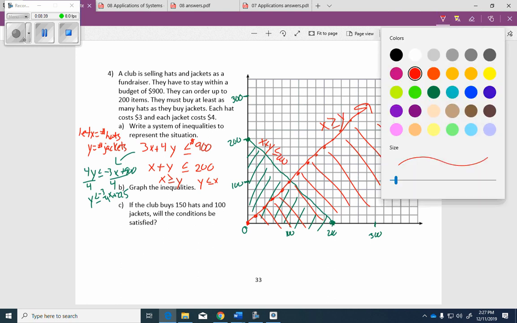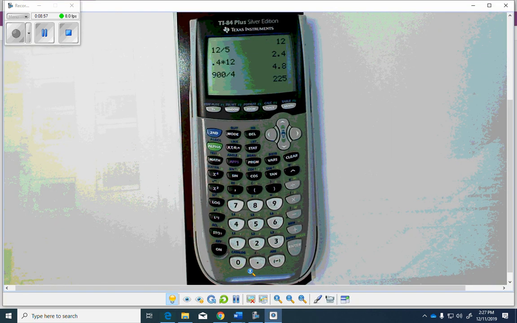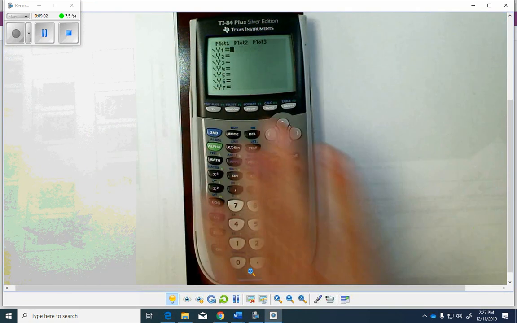I think the hardest line to graph is this 3x plus 4y is less than or equal to 900. I changed it into standard form, so I'm going to enter it into my calculator and plot some points. Remember, you go to your y equals, clear out anything that's there.